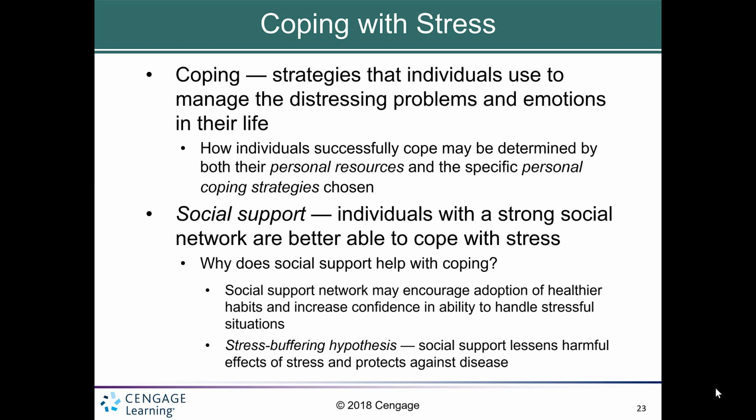Although research supports the importance of these resources, the most important personal resources for coping with stress are social support and sense of personal control and optimistic beliefs. So we discussed social support actually this past week.